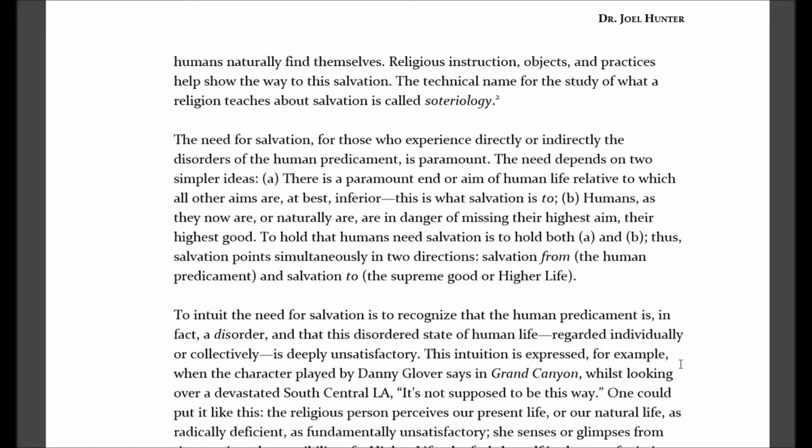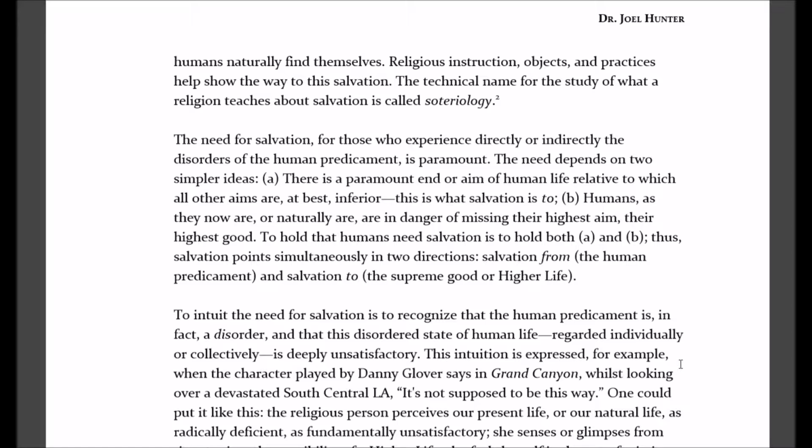Okay, if we can identify that, then any other kinds of aims that we might have, like to have a secure job or to retire at 60, all those other aims are at best inferior to the aim of achieving this escape from, this freedom from the human predicament, or at least the effects of it.